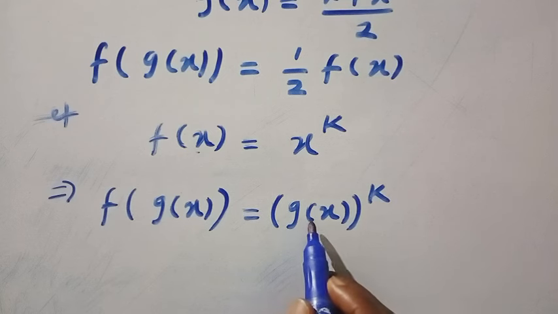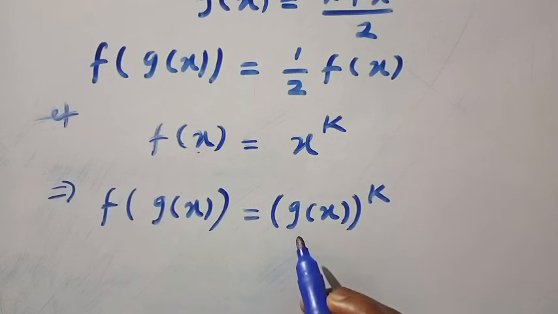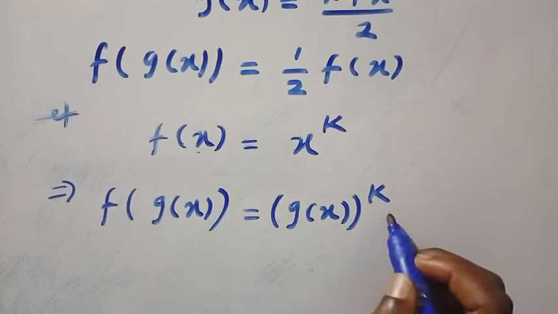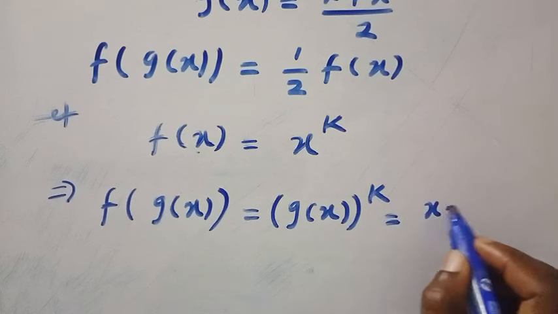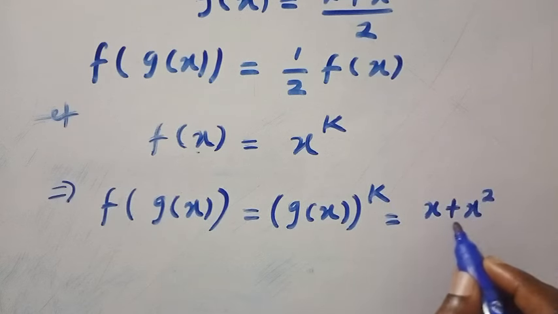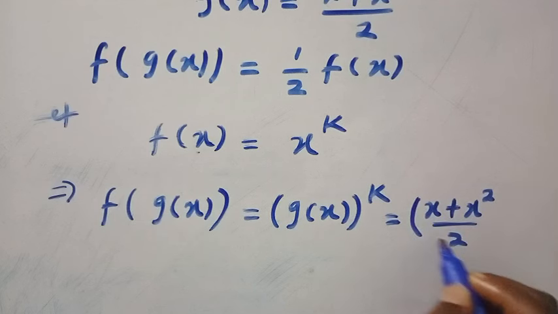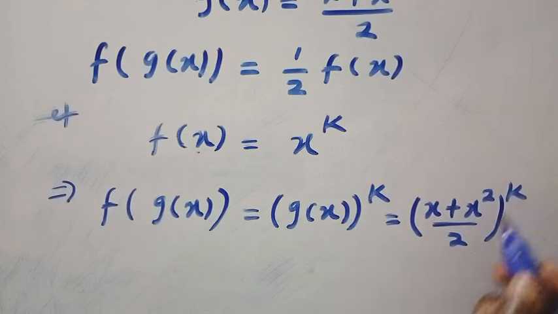And g of x has been let to be x plus x squared divided by 2. By replacing this, we have x plus x squared over 2, all raised to the power of k.